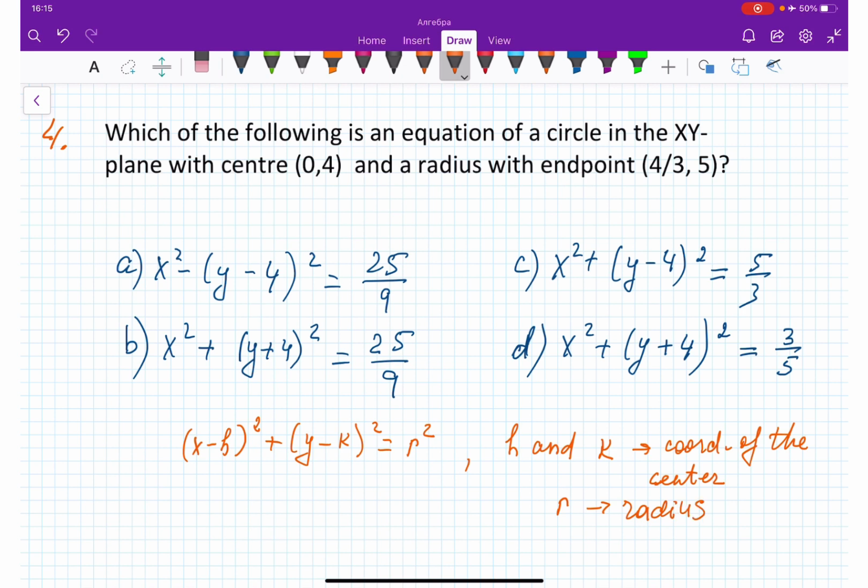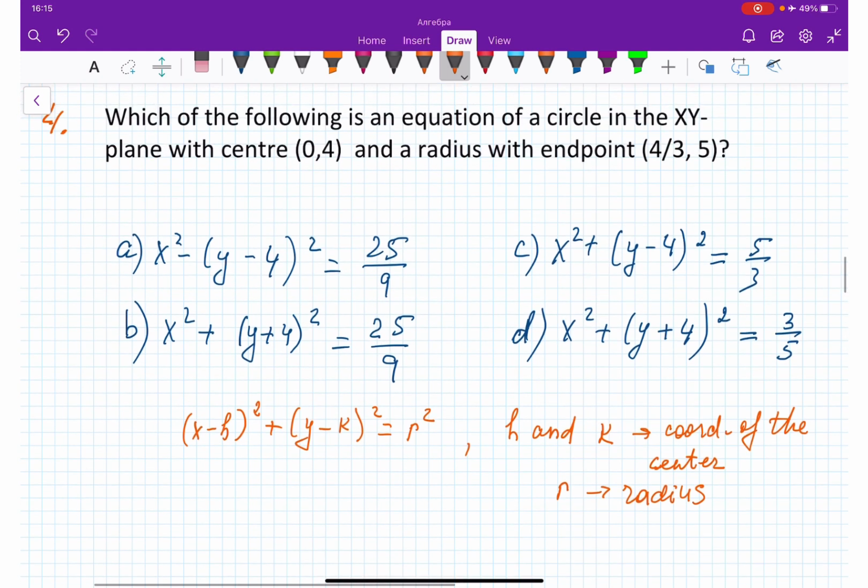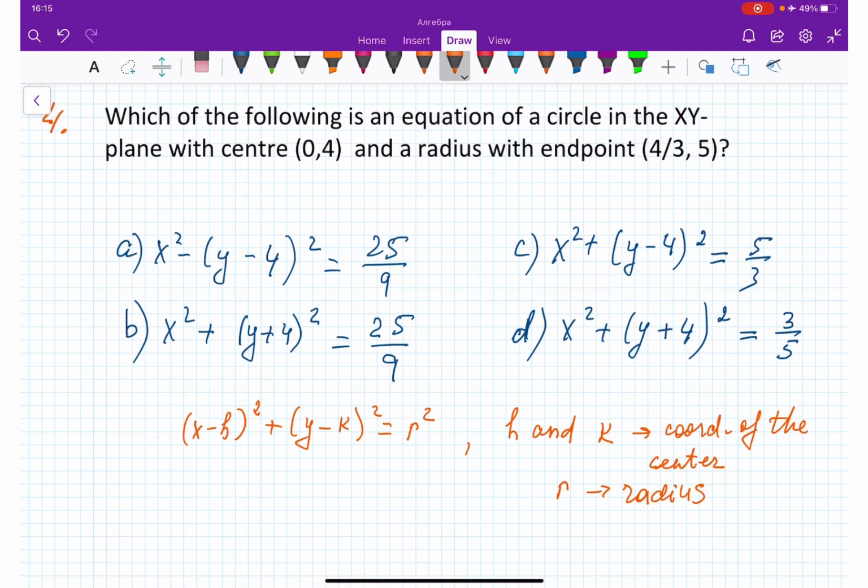Okay. Since the coordinate of the center is 0, 4, it's right here, center 0, 4. Here I also made a mistake. Okay, 0, 4.